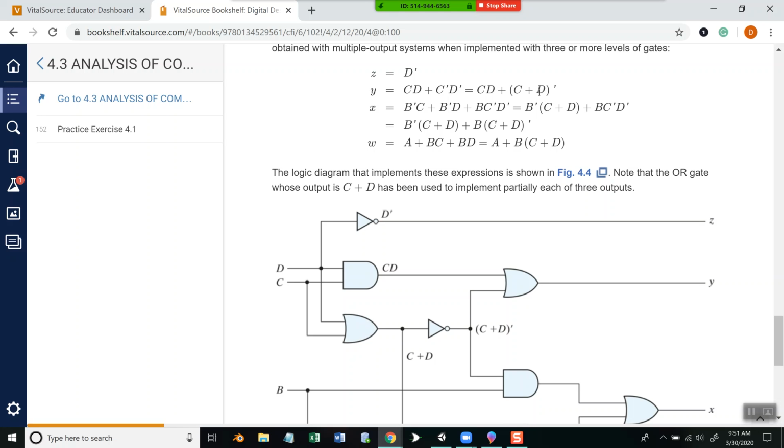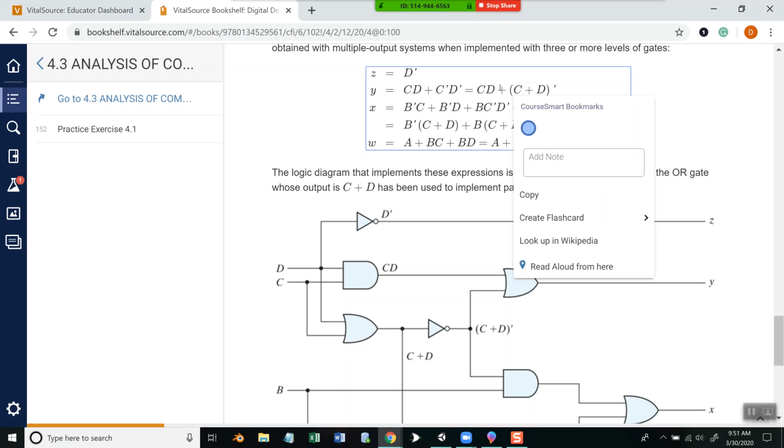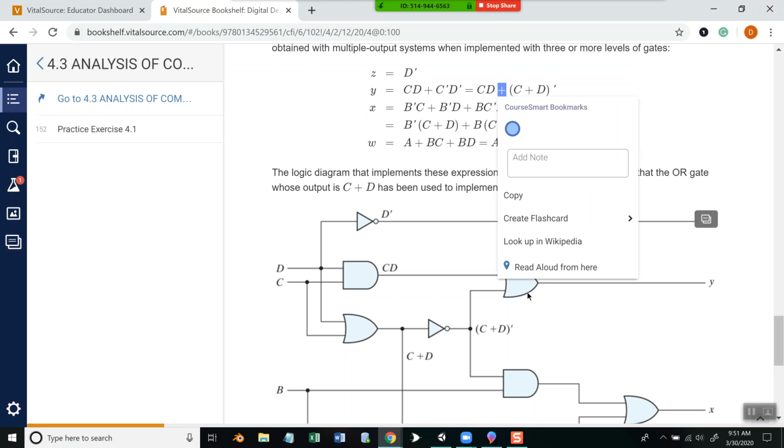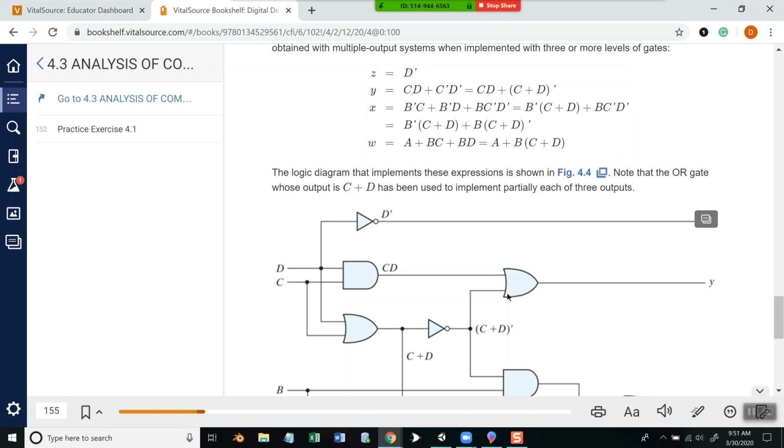That's what the C plus D inside of the parentheses is right here. And this plus in between them is this OR gate right here. So it's taking the invert of that, because that has a prime after the C plus D.